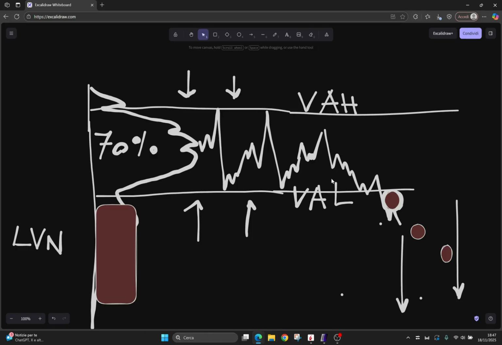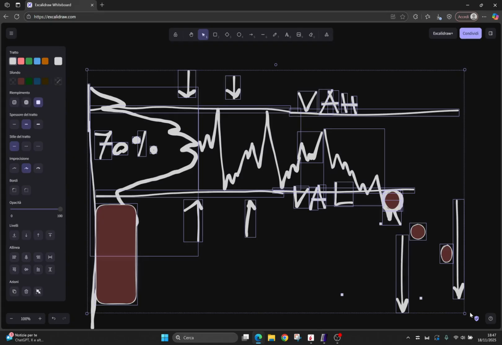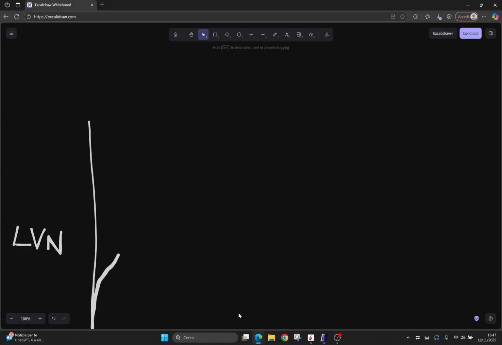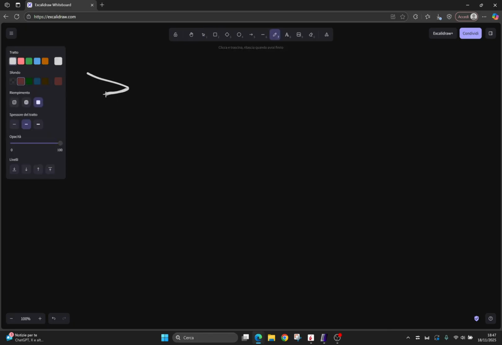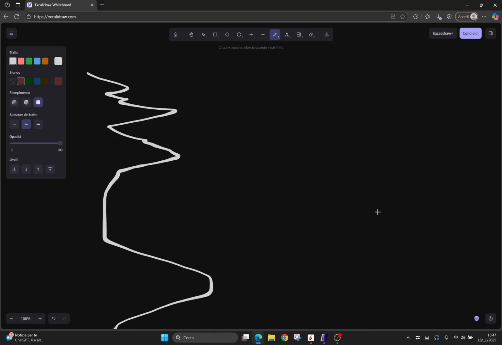Now, we need to pair this with the understanding of the high volume node, because you can also have a double profile shape. I will go through it. But I think if you understood the concept, I'm sure that there will be a person in the chat that will be able to understand this clearly. You can have a double shape for the day, okay? Something like this, low volume node and high volume node, okay?